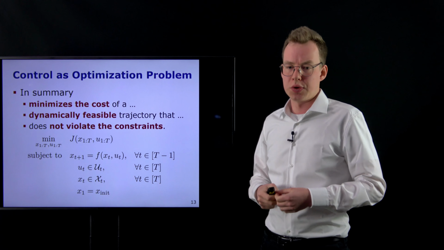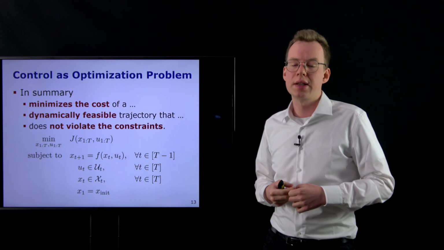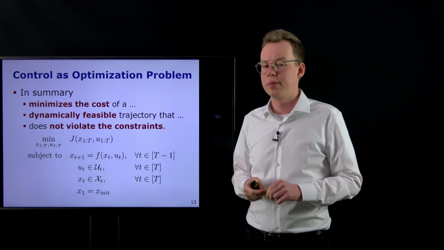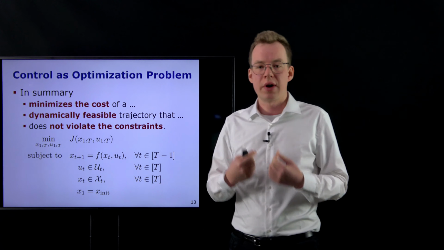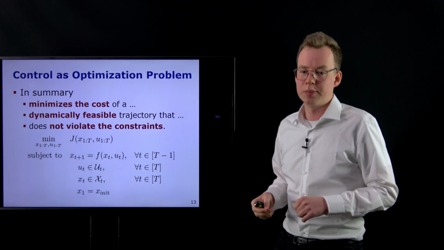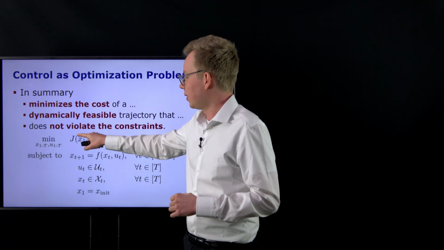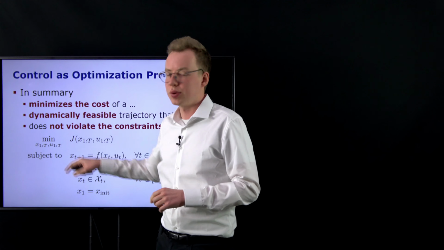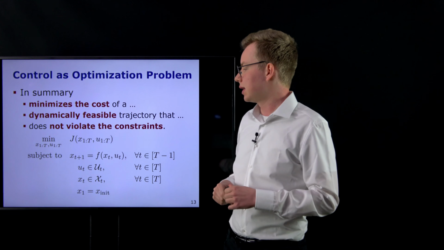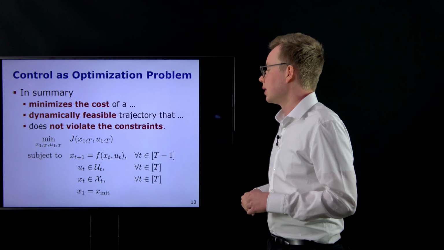Now, to summarize, using all of these three ingredients, we can write a given problem as an optimal control problem by using this mathematical formulation. So we can write it down as a constraint optimization problem in which we attempt to minimize the objective J by choosing the states X and inputs U, so a sequence of states X and inputs U into the future.